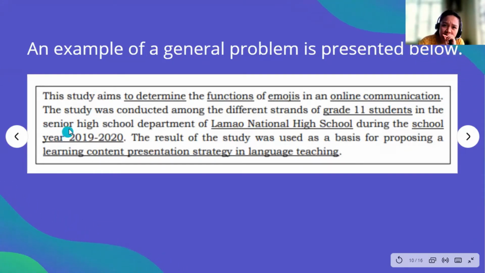Kapag pinagsama-sama mo yan, the functions of emojis in an online communication among grade 11 students of Lamao National High School during the school year 2019-2020.